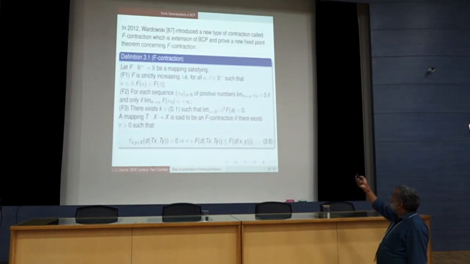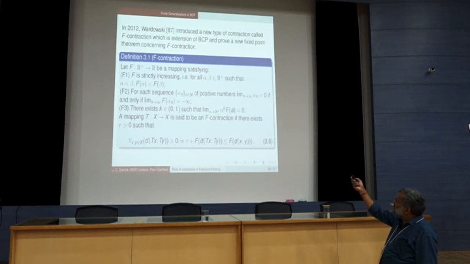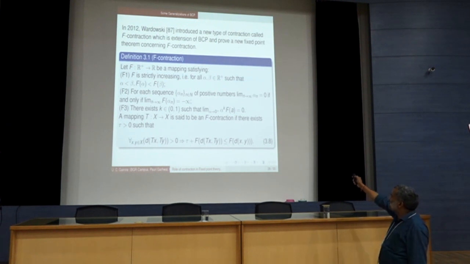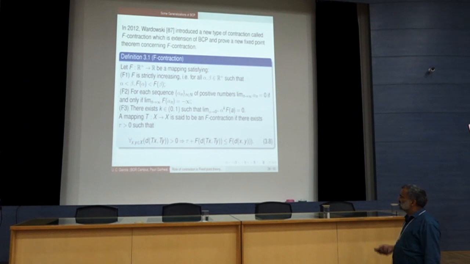and Wardowski introduced a new type of contraction called the F-contraction, and this F-contraction is defined like this. F is a mapping from R+ to R satisfying F1: F is strictly increasing, that is, if alpha is less than beta then F(alpha) is less than F(beta). These are the conditions given for the F-contraction, you can see this.